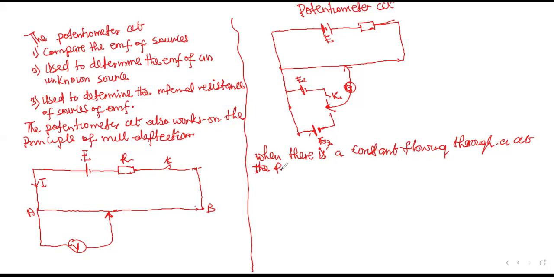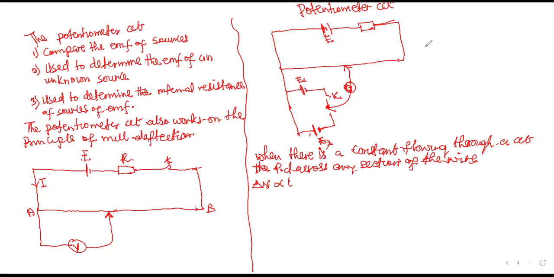The PD across any section of the wire is directly proportional to the length of the wire. So change in voltage across the length of the wire is directly proportional to the length of the wire.